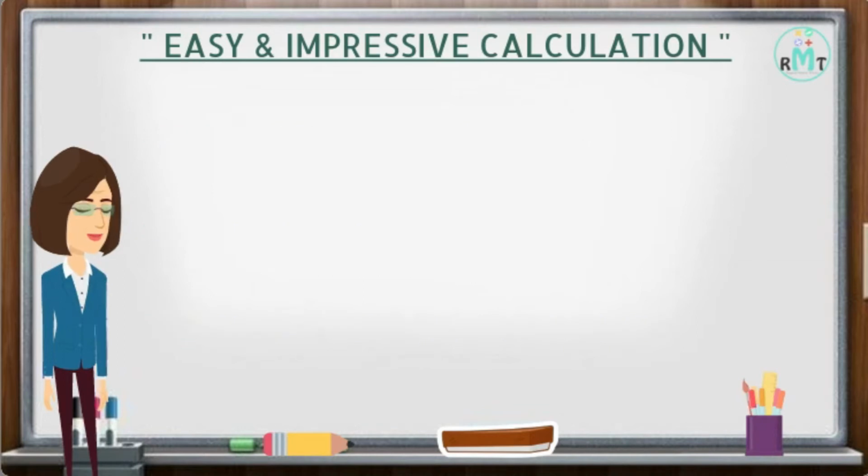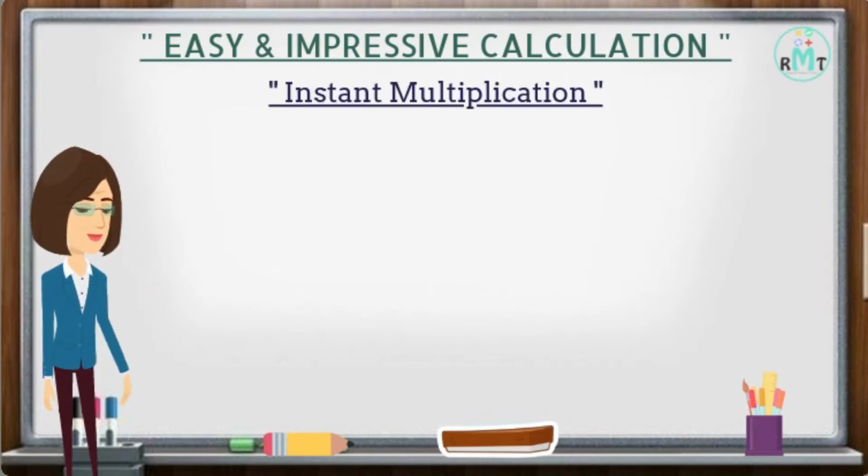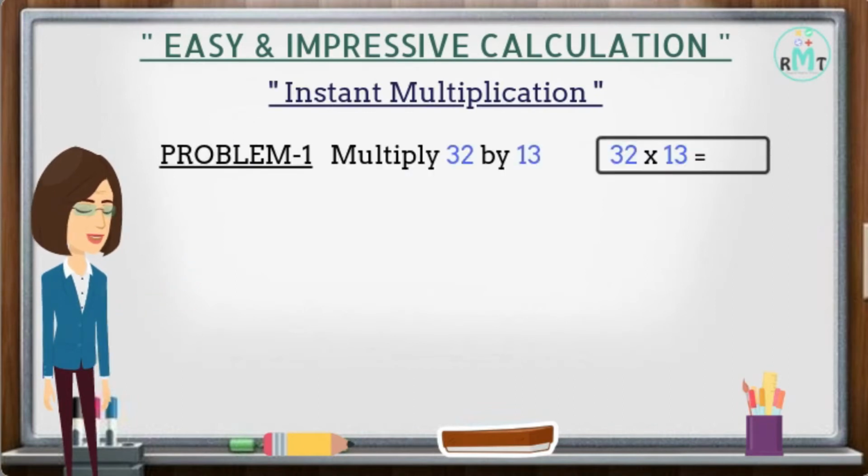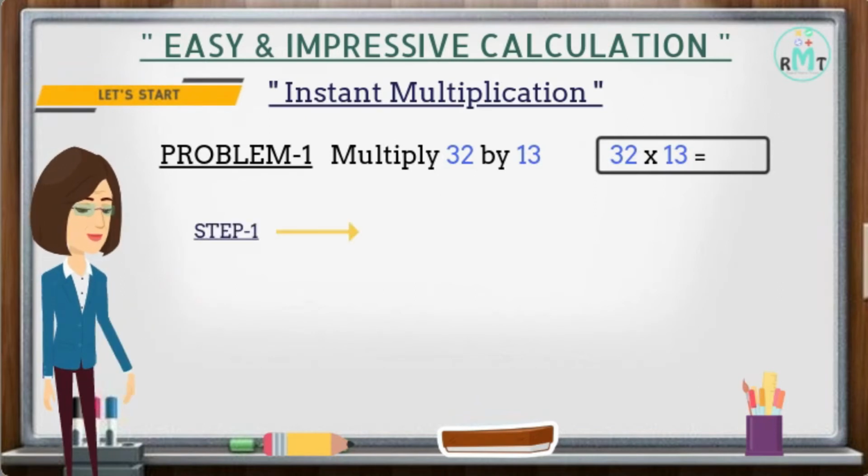Now, let us try to solve few problems on topic 1, which is instant multiplication. Problem 1. Multiply 32 by 13. Let's start. Step 1. Multiply the number 32 by 10. So we get 320 as the answer.